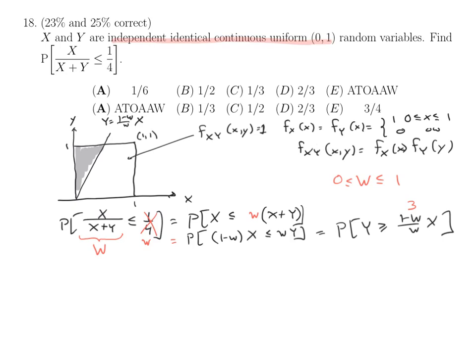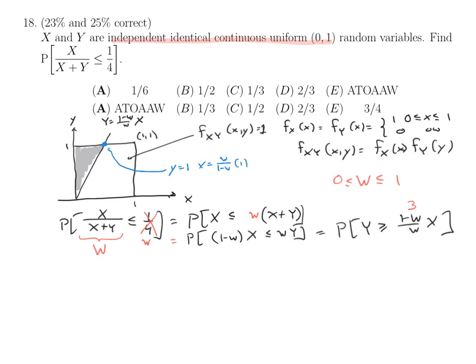And so the catch here is that at this corner point right there, that corner point corresponds to y equals 1. And so x equals w over (1 minus w) times 1, right?